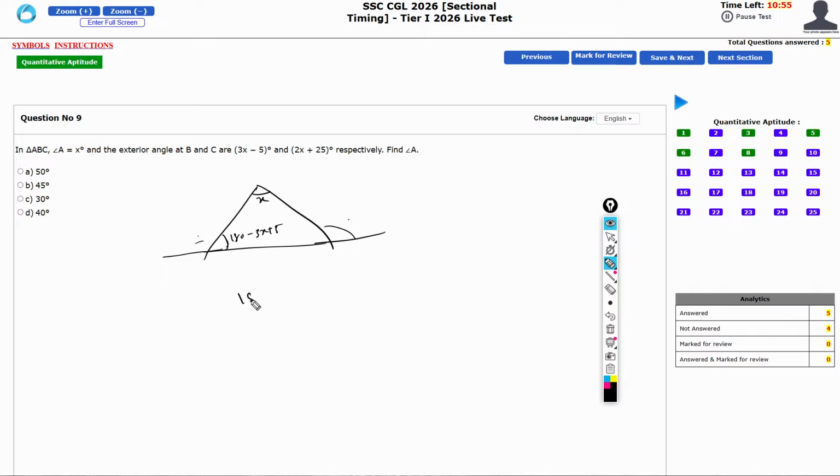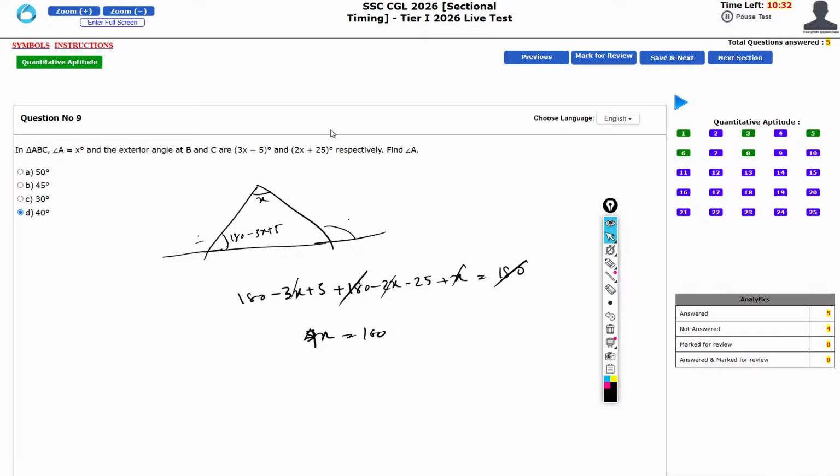And this is 180 minus 3x plus 5 plus 180 minus 2x minus 25 plus x is 180. So 180. Then 5x plus 1, so 4x is going to be equal to minus 20, 160, so 40.